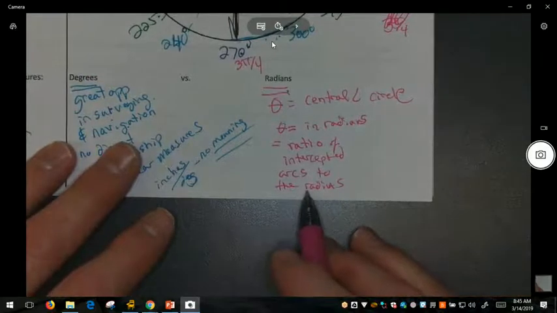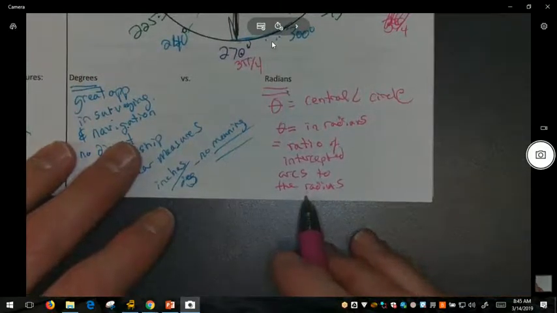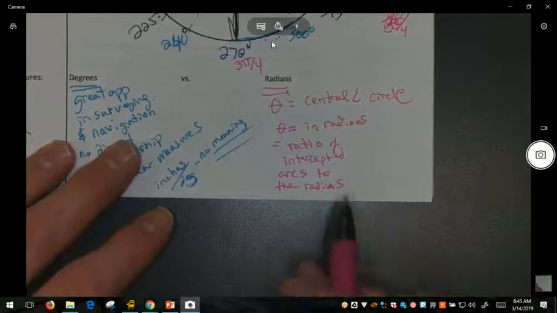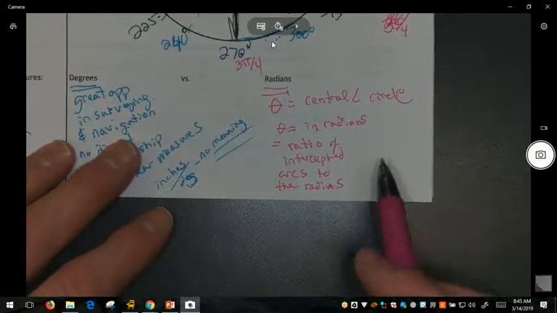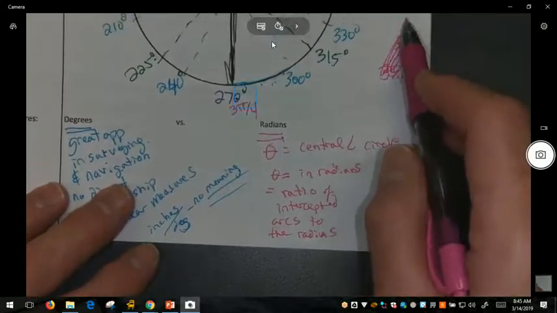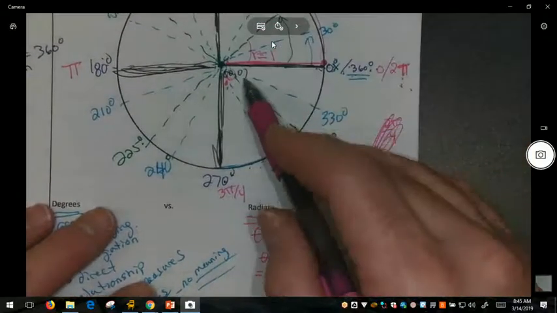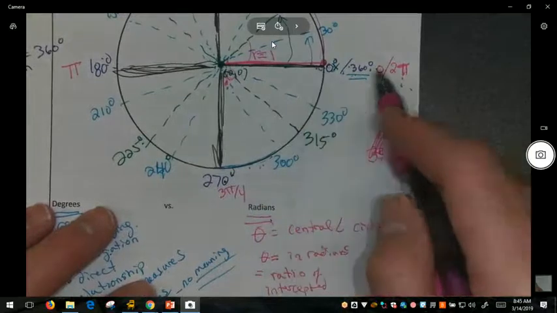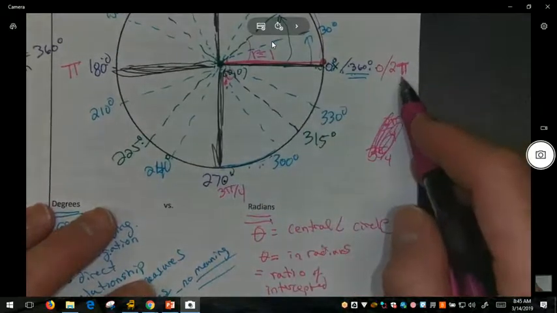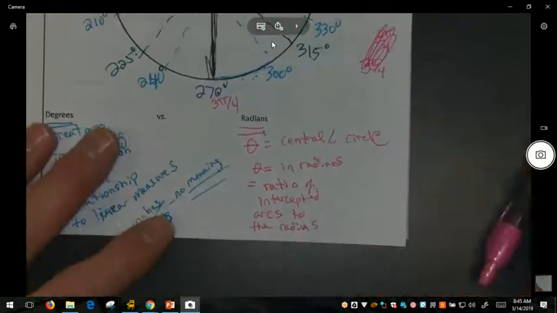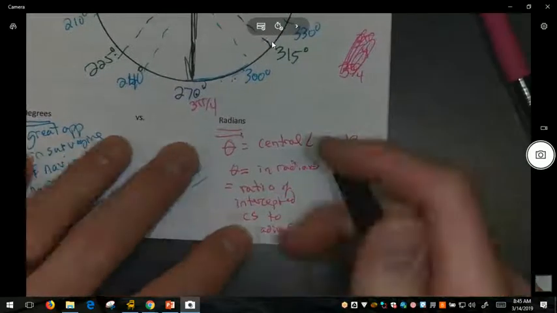Right now, when we do our unit circle, or when you did your unit circle last year, the radius was 1. So we just looked at the full thing as 2 pi, and so we're looking at a percentage of that. However, if the radius wasn't 1, then the full circle wouldn't be 2 pi. We'd have to have some other calculation. So that calculation is this.